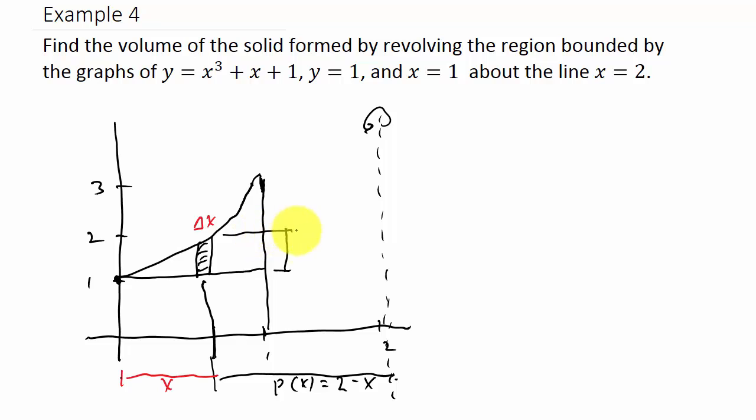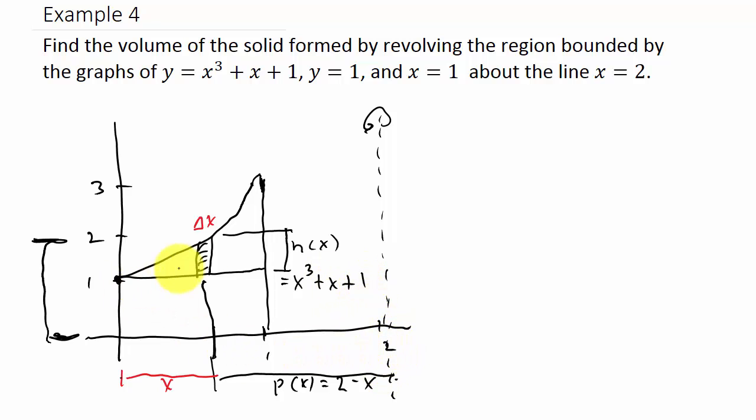Alright, now we need the height. That's h of x is equal to, okay, well, what's the height of this rectangle? Well, we know from here to here is x cubed plus x plus 1.